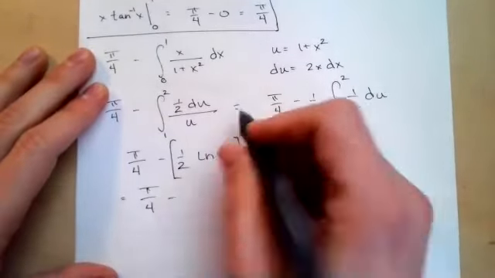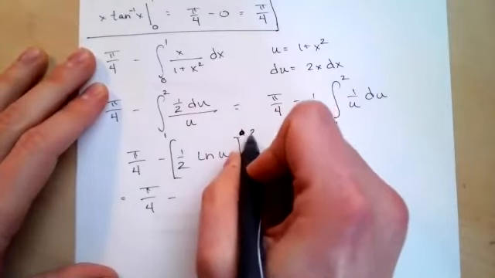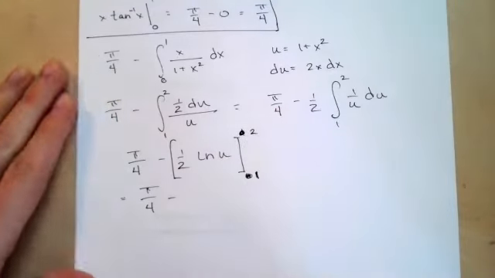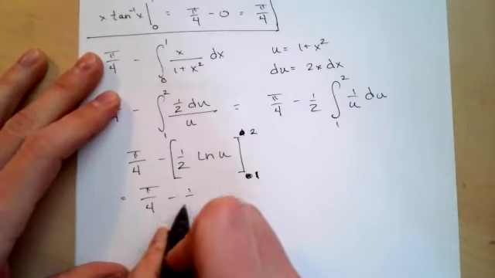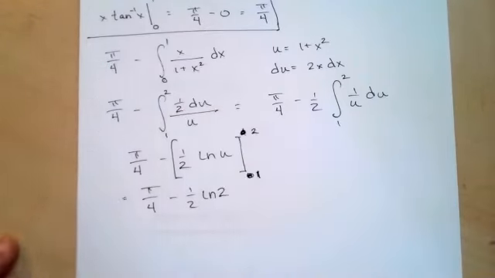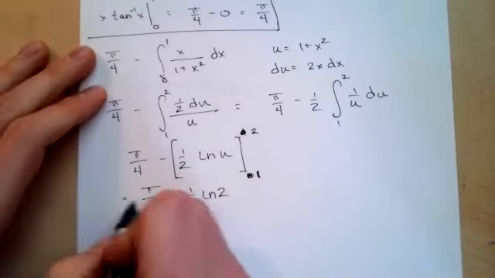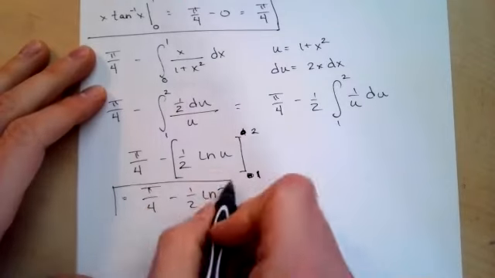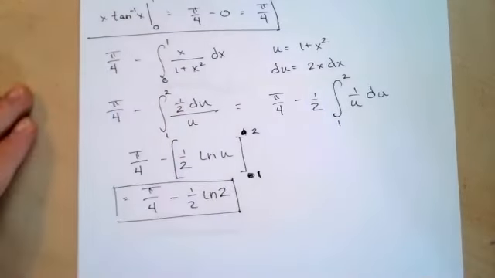Ah, thank you. 1 to 2. So it looks like we've got 1/2 natural log of 2. And then what's the natural log of 1? As good calc students, you know it's 0. So minus 0 there. And so that's our final answer there.